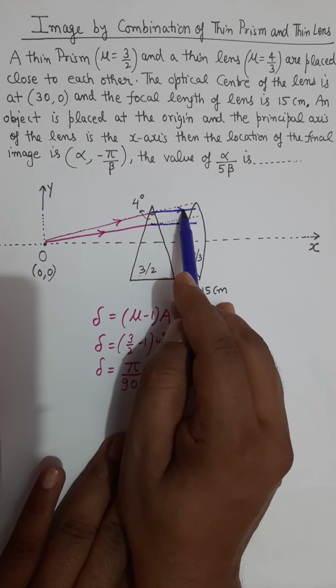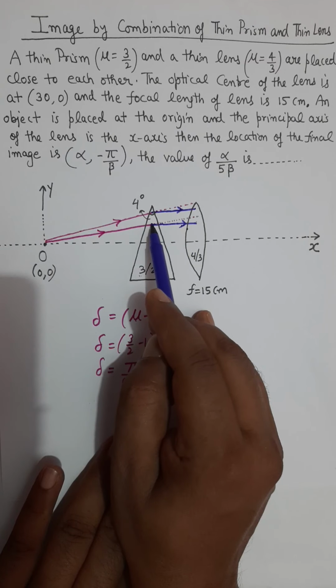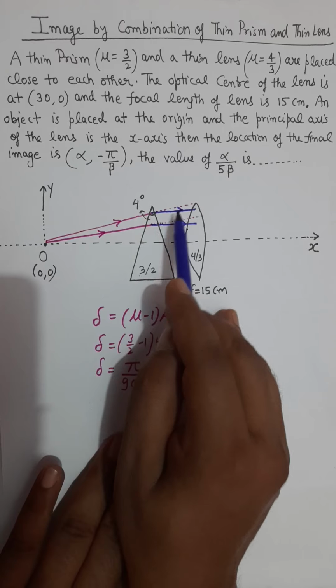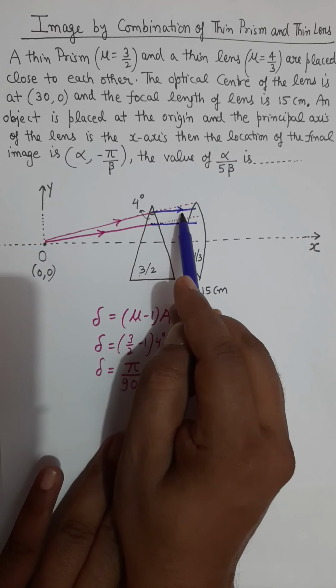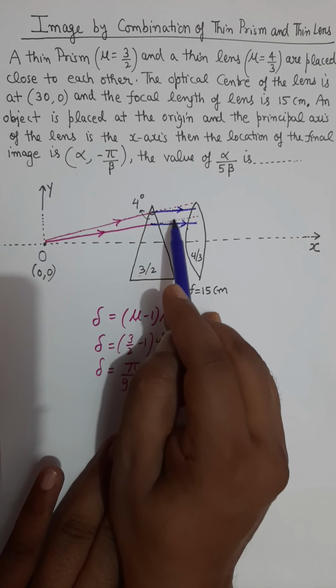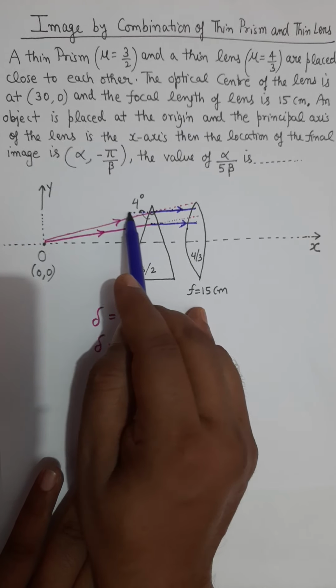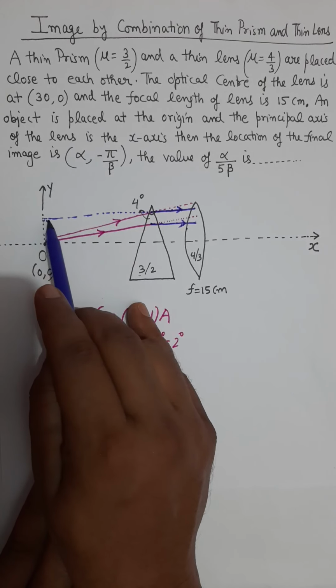So the rays which are incident on the lens are deviated by this prism. So these rays are not directly coming from point O. If I extend back these two rays, they will intersect somewhere on the y-axis.